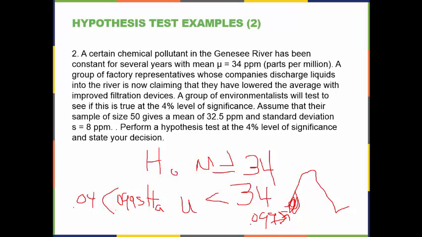So in this case, we would fail to reject the null hypothesis and say that the sample data does not support the claim, the alternative claim, that this group of these filtration devices has lowered the amount of pollutants in the river.